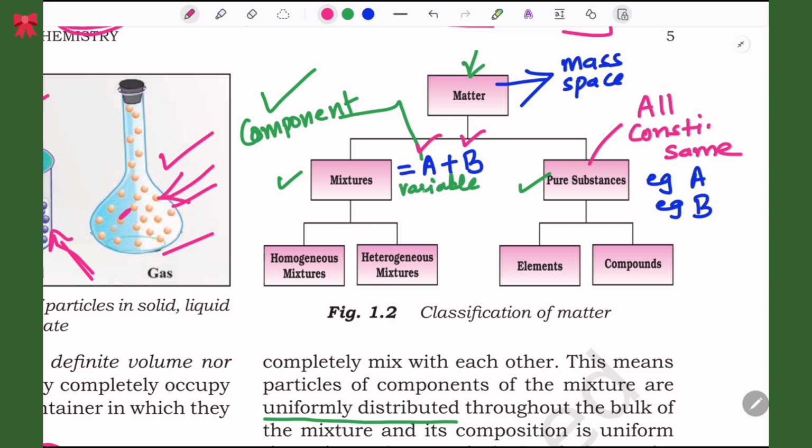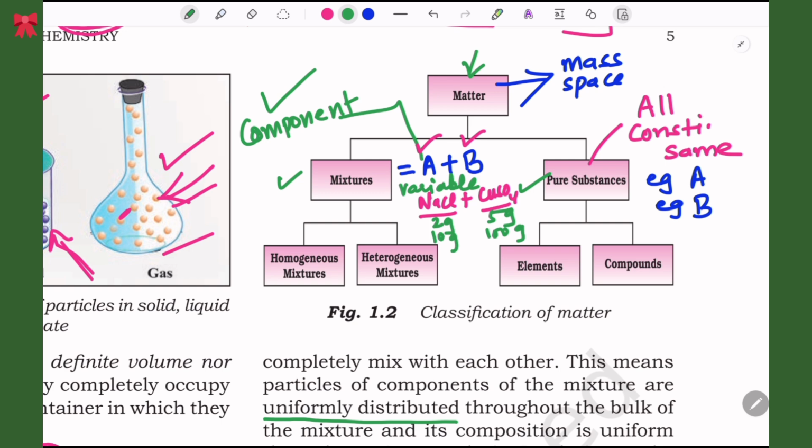That means if you have got substance A and substance B mixed together, that is called a mixture. So for example, I'm taking let's say NaCl, and I'm mixing let's say copper sulfate in that, right? So NaCl plus copper sulfate will be called as the components of the mixture, and I can take them in any ratio. I can take 2 grams of NaCl and 5 grams of copper sulfate, or I can change it to 10 grams of this and 100 grams of copper sulfate, and so on and so forth.